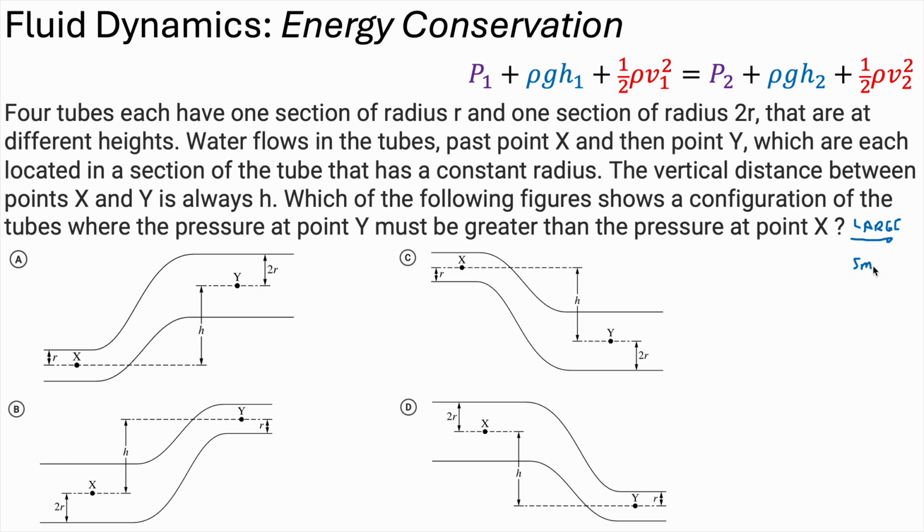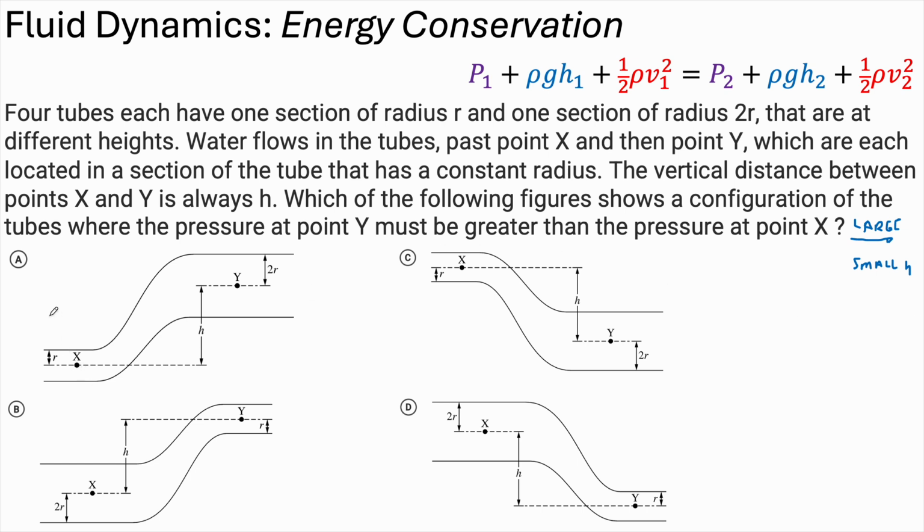The greater the depth, the greater the pressure. So in which of these cases will x have a large velocity, and will it be at a small depth, basically a small h? If you look at these, to get a large velocity, we need x to be in a narrow spot.